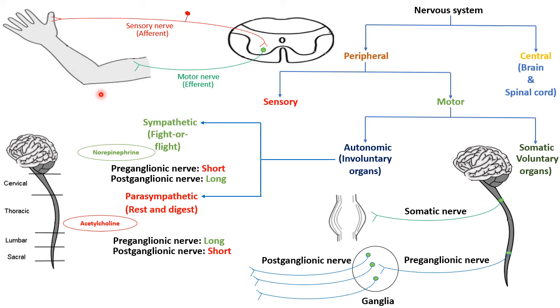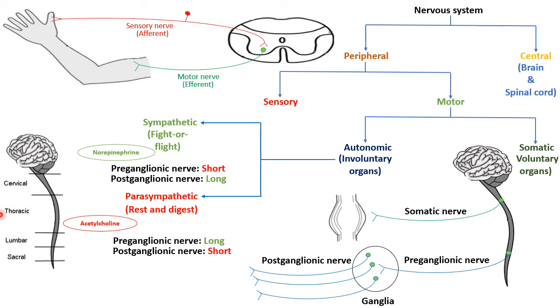So we would expect that the nerves related to sympathetic would come from an area near the heart, and this thoracic area anatomically is near the heart.